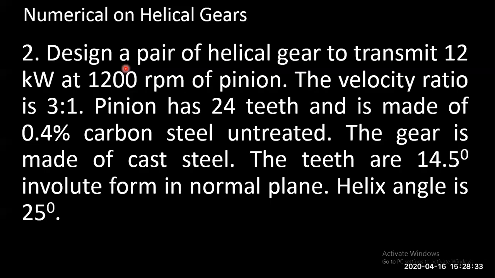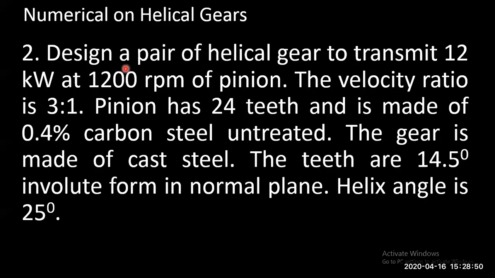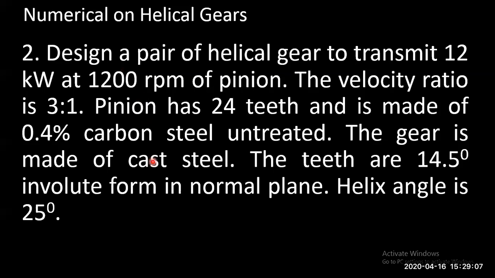The pinion is made of carbon steel, 0.4% carbon steel untreated. And the gear is made of cast steel.